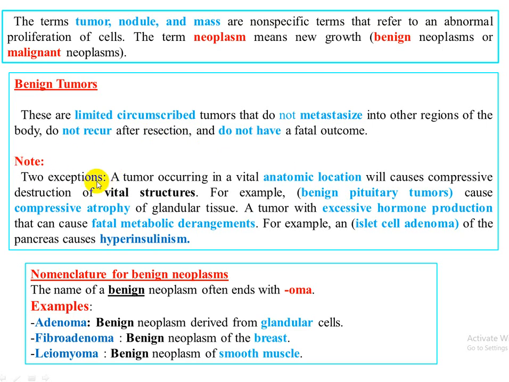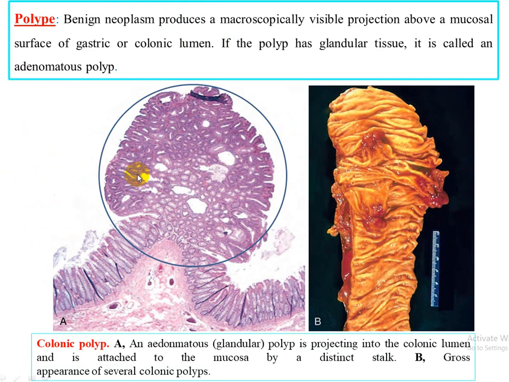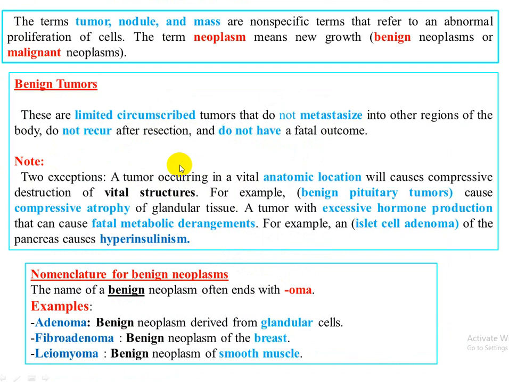But there are some exceptions, such as tumors that arise in a vital anatomical location, such as benign pituitary tumors that can cause mechanical compression and atrophy of normal glandular tissue structure, resulting in hormonal disorders which may be life-threatening.